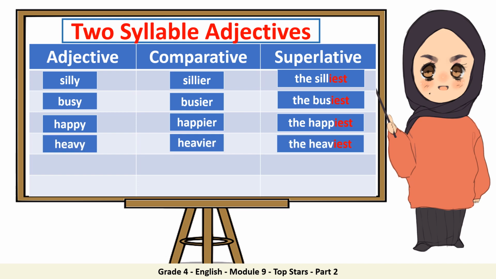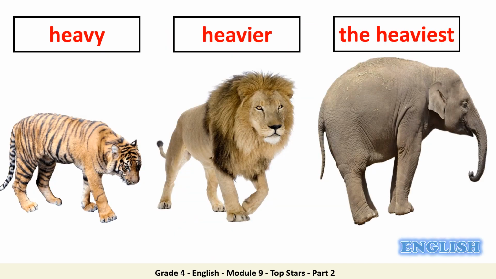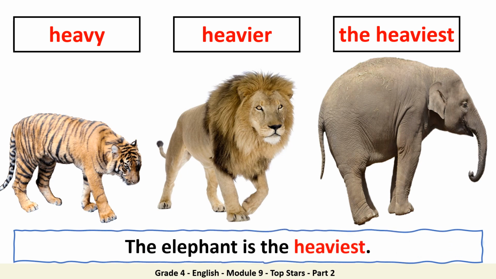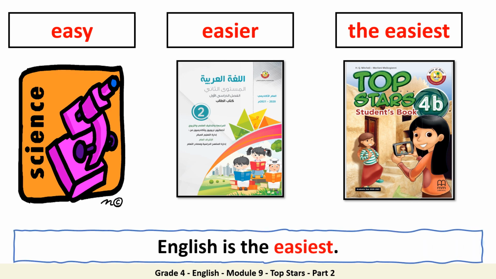Heavy, heavier, the heaviest. Easy, easier, the easiest. Can you spot the superlative? Well done! Let's have some examples. The elephant is the heaviest. English is the easiest.